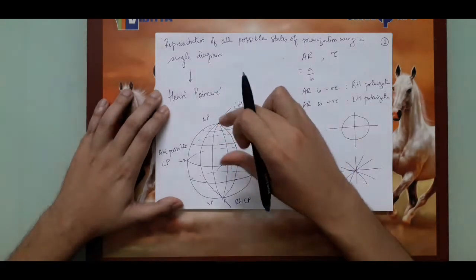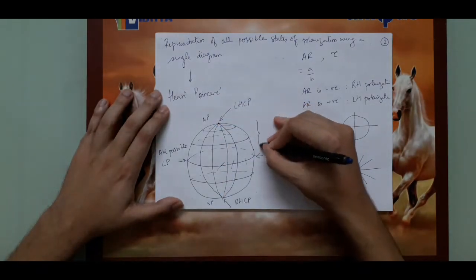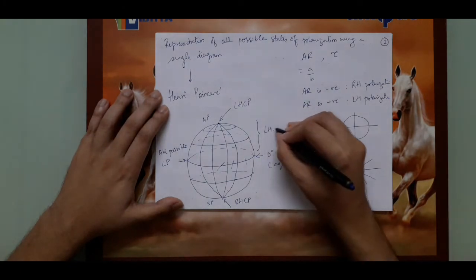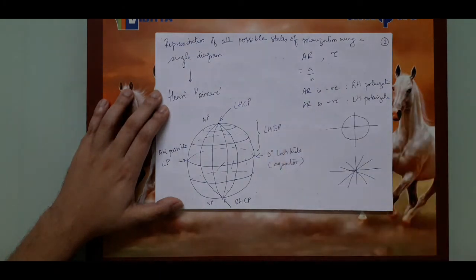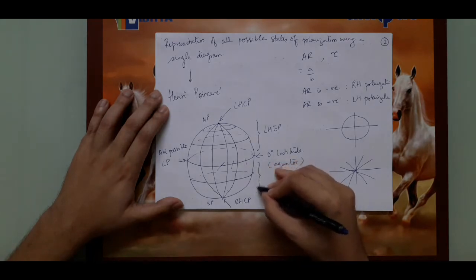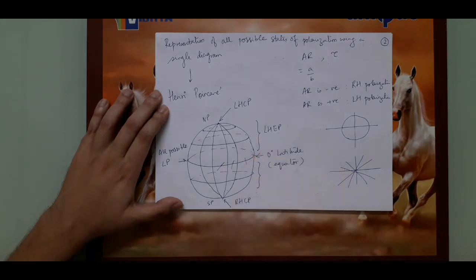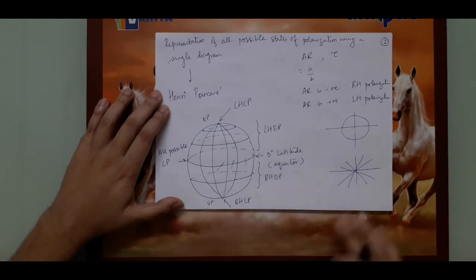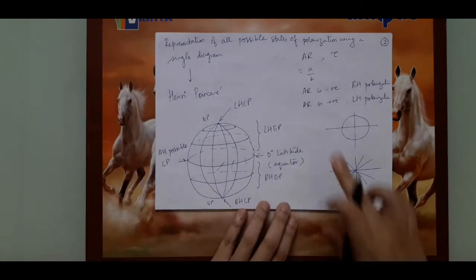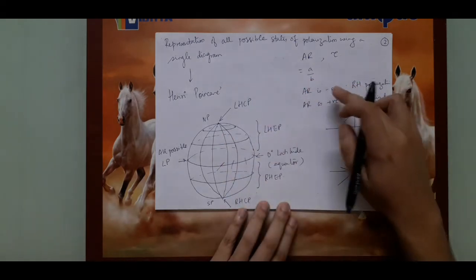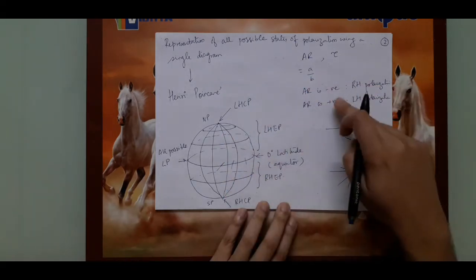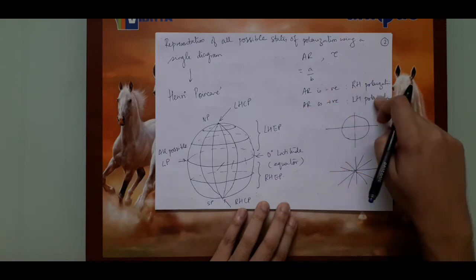And all the latitudes between the equator and the north pole will represent left hand elliptical polarization, and all the latitudes between the equator and the south pole would represent right hand elliptical polarization. So we have defined AR with a sign convention that negative means right hand polarized and positive means left hand.